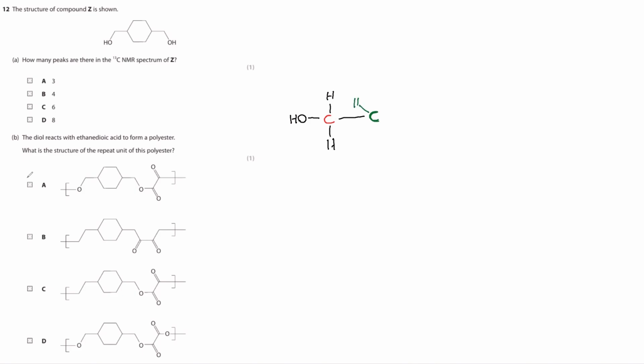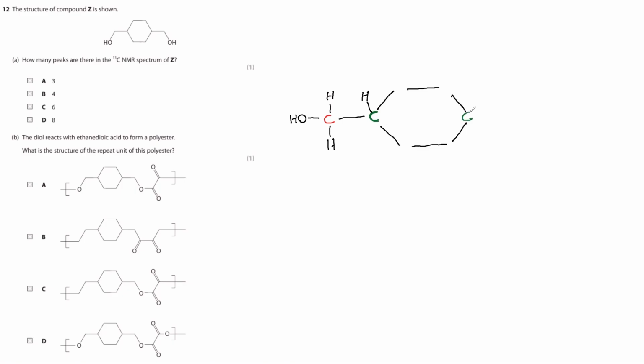I'll use the same black color, so I have hydrogen here. Then I'll draw the hexagon. I'm not going to draw the hydrogens in that hexagon, but see the color I'm using.